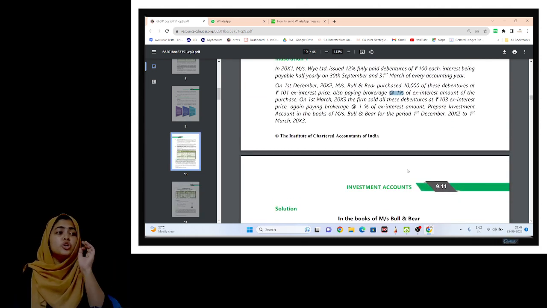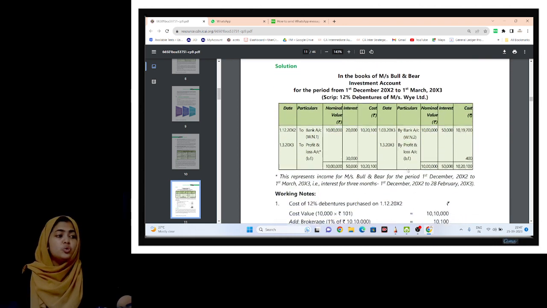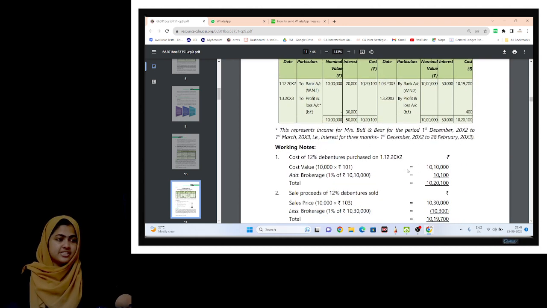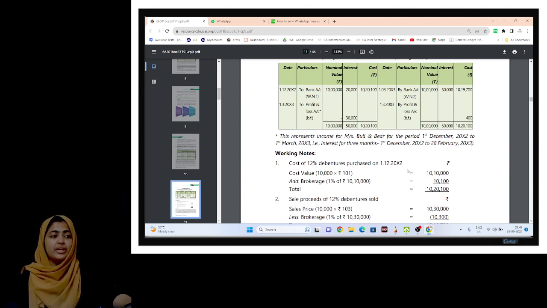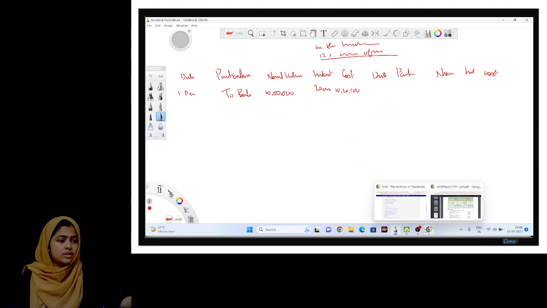So 10 lakh into 12% into 2 divided by 12 would be the interest. Am I right? Yes. Okay, fine. So the interest value would be 20,000. Now, purchase entries are completed.